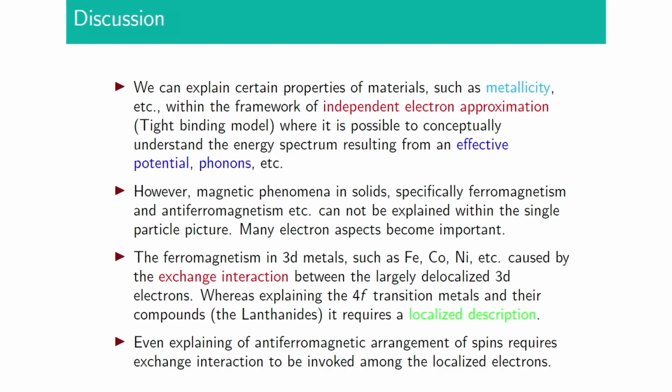We start by saying that there are certain properties such as metallicity etc. which we know, and metals can be explained within the framework of the independent electron approximation. For example, a tight binding model.